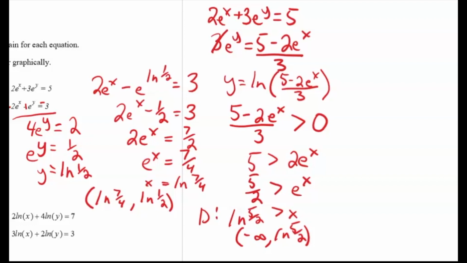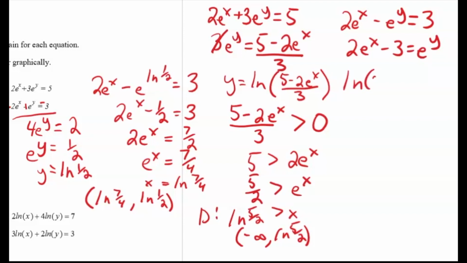And then with the second equation, very similarly, you would do 2 e to the x minus e to the y equals 3. Probably easier to just bring this 3 over and take the e to the y to the right side and then ln both sides. So there's that equation solved for y. And now we need to find the domain.